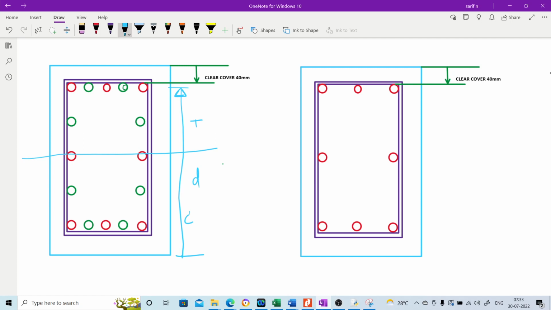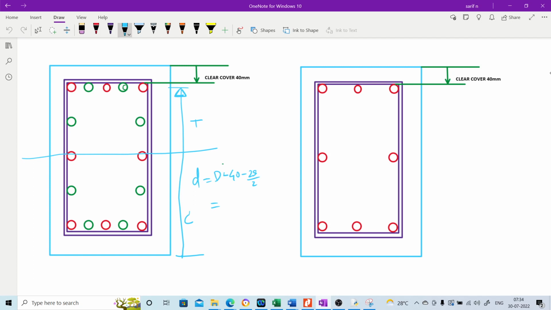To find out the effective depth, we will calculate the total depth D minus 40 minus 25 divided by 2. That is going to be the effective depth. For the time being, let us say we are ignoring these reinforcements and their contribution to the tension.